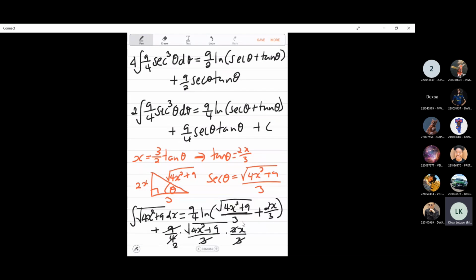Okay, so similarly here, this 3 in the denominator, we have a constant there. So this 3 in the denominator, we can split it up and rewrite it as a different logarithm, and that logarithm is a constant which we add to this constant over here.